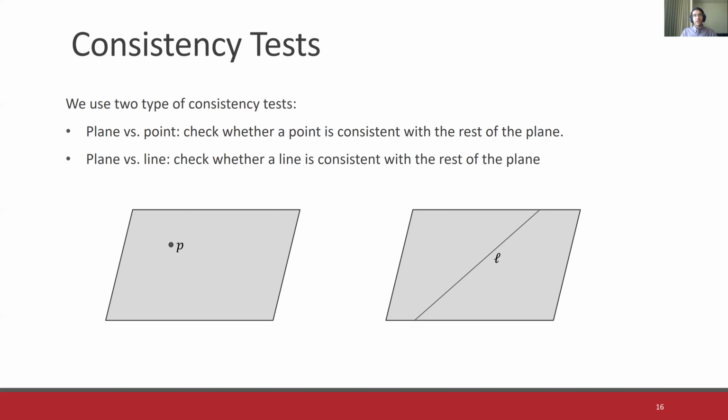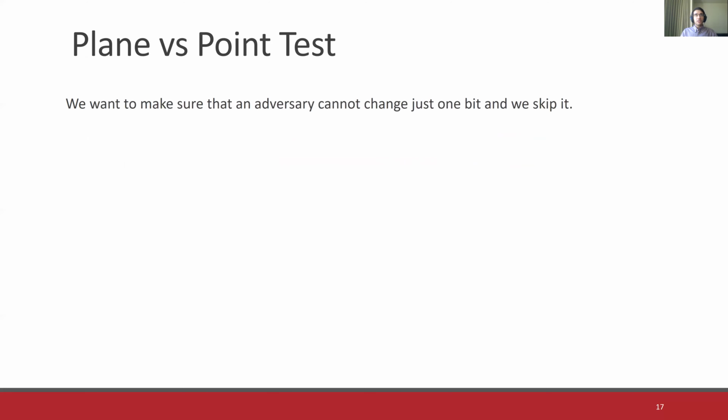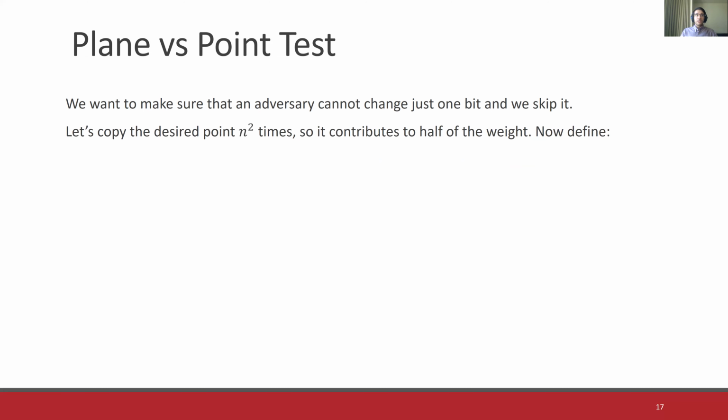And because any plane that contains that point is still close to the original plane, we can't see this error using these CPCPP proofs because we don't have the soundness guarantee here. So we're going to use this plane versus point test to make sure that a point is consistent with the rest of the plane. What we're going to do is repeat the value of that point n squared times and concatenate it to the plane.